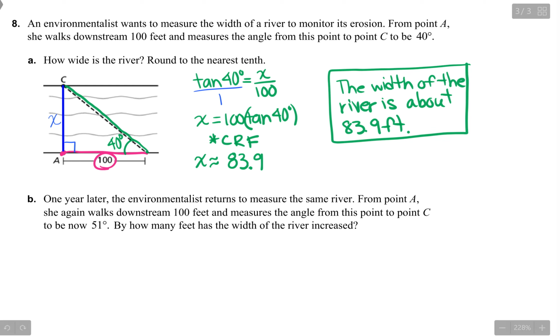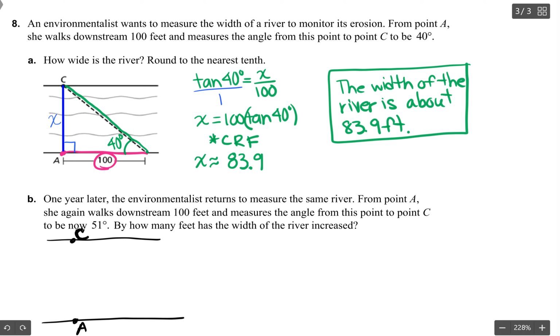Now, part B says 1 year later, the environmentalist returns to measure the same river. From point A, she again walks downstream 100 feet and measures the angle from this point to point C to now be 51 degrees. So let me just quickly make a sketch of the diagram again. So here we have point A. And so the width of the river is changing.